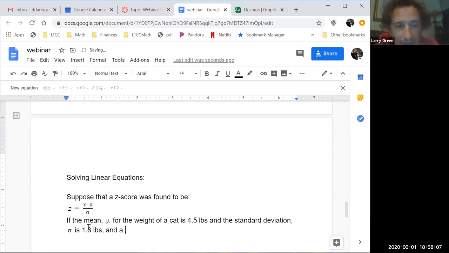And a cat is considered an outlier if its z-score is at least 2.